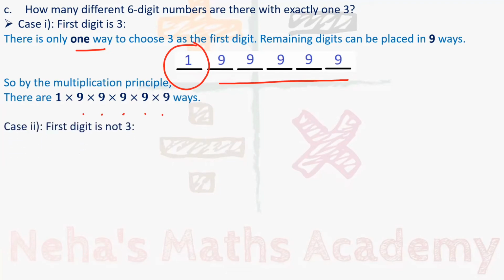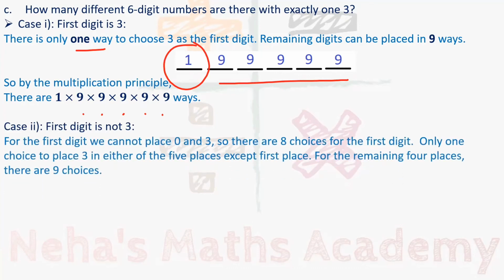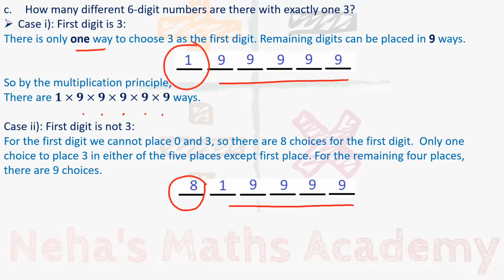Our second case is first digit is not 3. So if the first digit is not 3, we can't place 0 and 3 at the first place. So there will be 8 choices for the first place and only one choice to place 3 in either of the 5 places. Suppose 3 is in the second place. So one way to place 3 at the second place, and for the remaining places we can't place 3, so there are 9 choices for each of the 4 places.